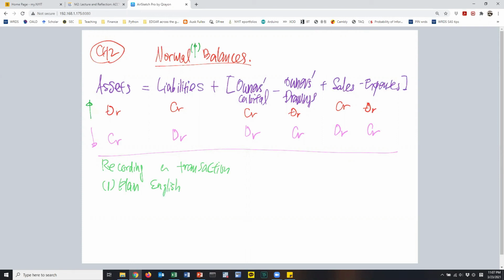SoftBite got invested on October 1st, 10,000 by the owner, right? And then we've seen that we can record the transaction.